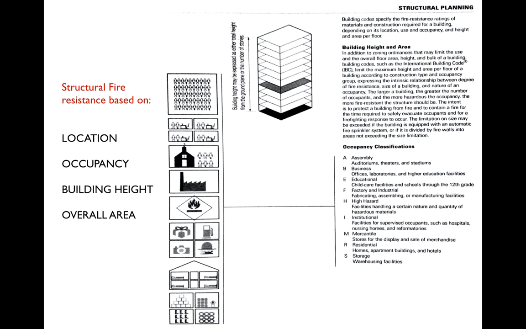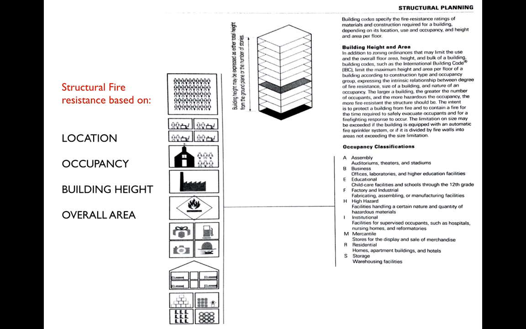Institutional, so hospitals, nursing homes, we're worried about being able to give places of refuge to people who may not be quite so mobile. And educational, business, we're worried about kind of high loads of people that we want to protect, we want to separate from any danger and give them time to exit.